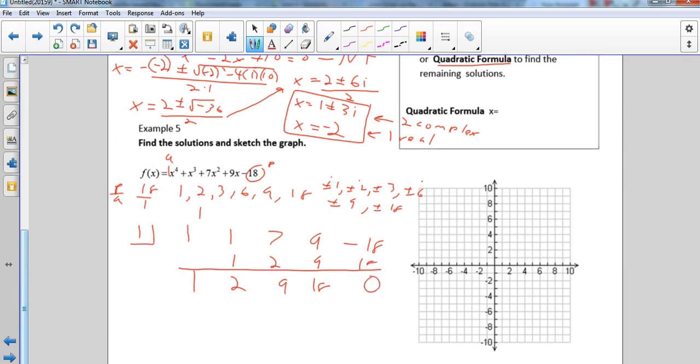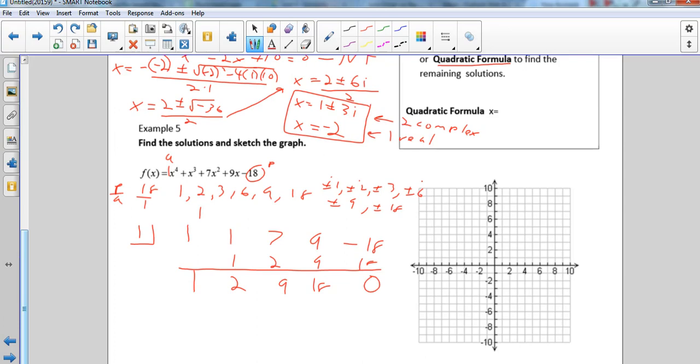Now, remember, we want to get 3 numbers and a 0. We have 4 numbers here. I could do synthetic division at this point, and then find my answer. And like I said, I know there's going to be 1 and negative 2.